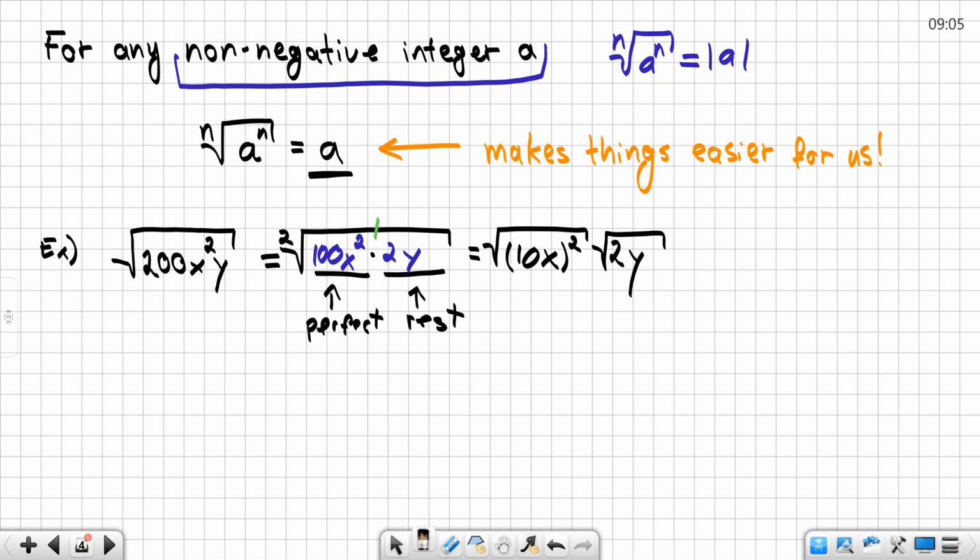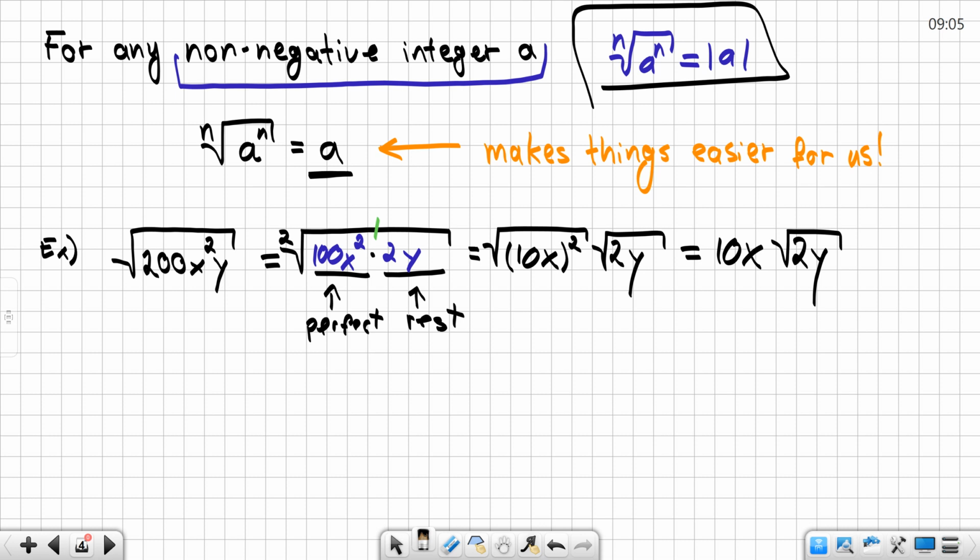And this first radical, the perfect one, is just going to open up. This is just going to be 10x, but I still have a little bit of radical left. This is the square root of 2y. And you see, we used to say this 10x would have to be the absolute value of 10x, but we can forget about the absolute values from now on for the rest of this chapter.